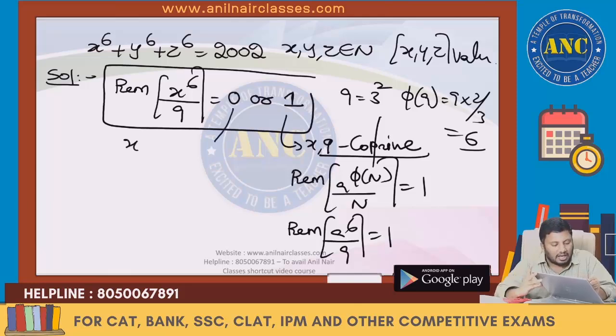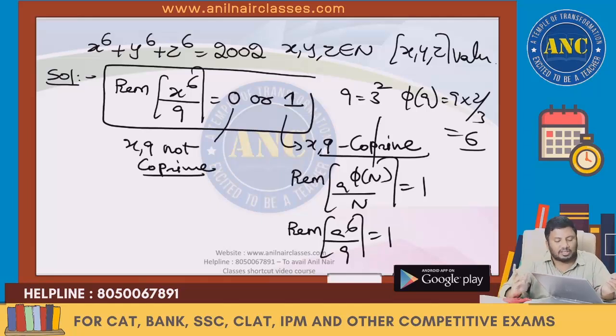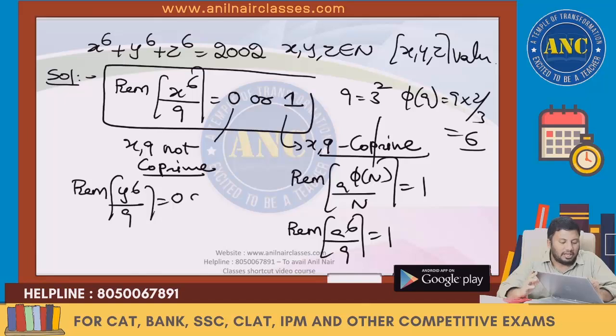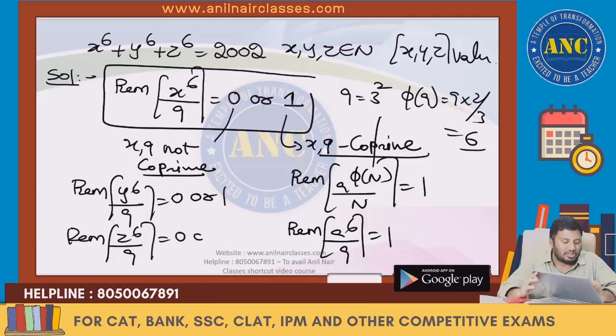When x and 9 are not co-prime, not co-prime means x contains the factors of 9. So x power 6 divided by 9 is 0 or 1. Similarly, y power 6 divided by 9 is 0 or 1. Similarly, z power 6 divided by 9 is 0 or 1.